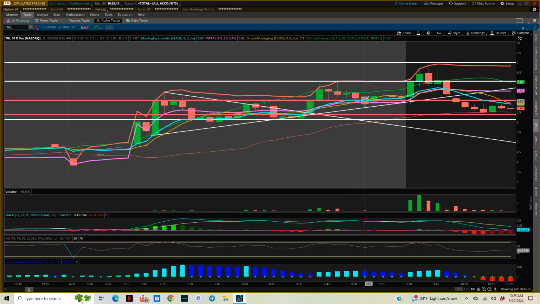So I wanted to get in anywhere between $7.10 and $6.39. You might be like, oh, that's like a 50-cent difference. I really wanted it to pull back down to this $6.39, and I wanted to get filled here.